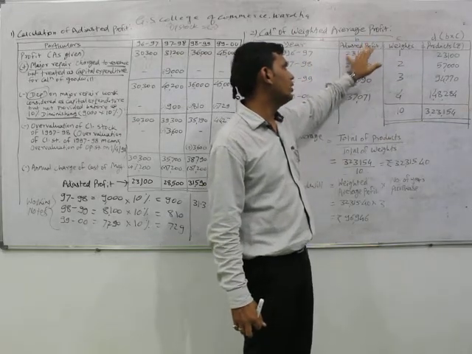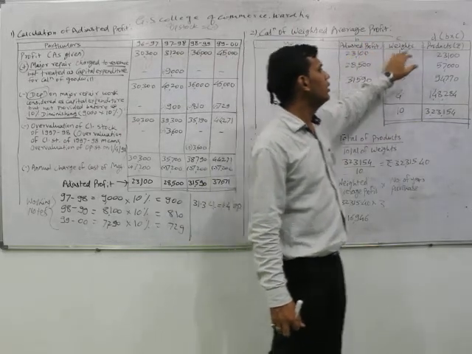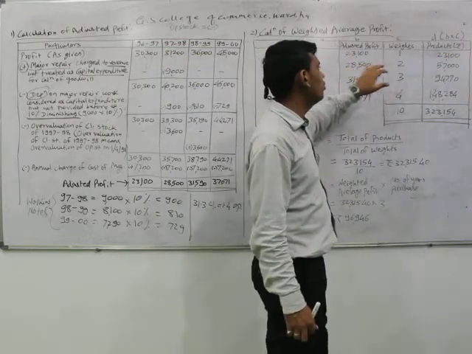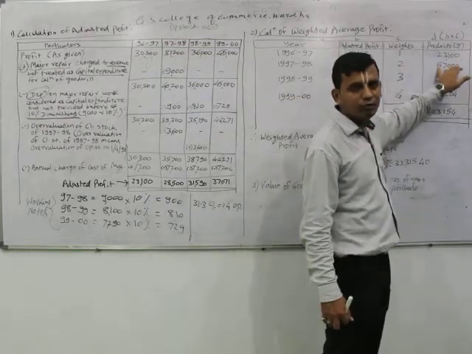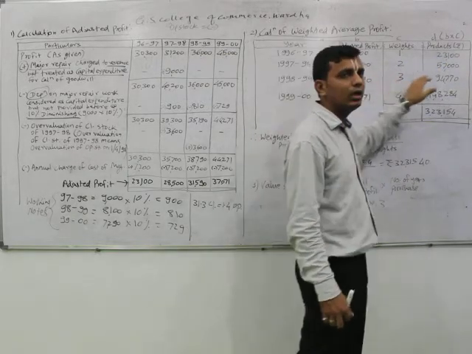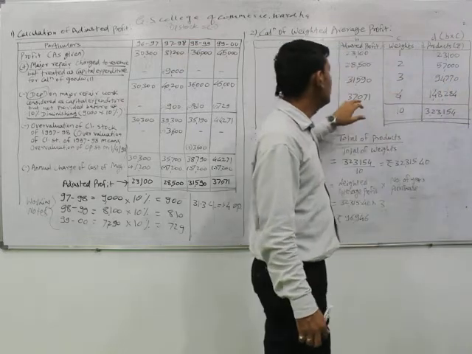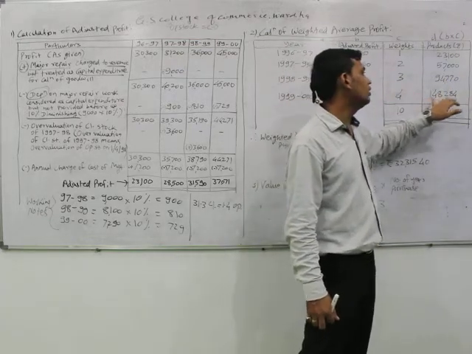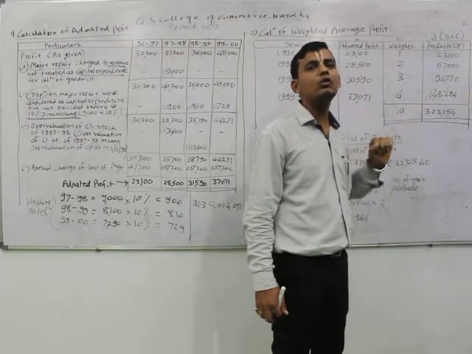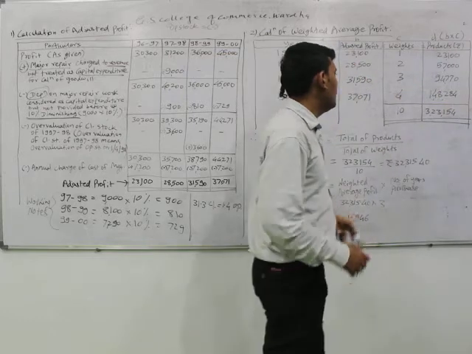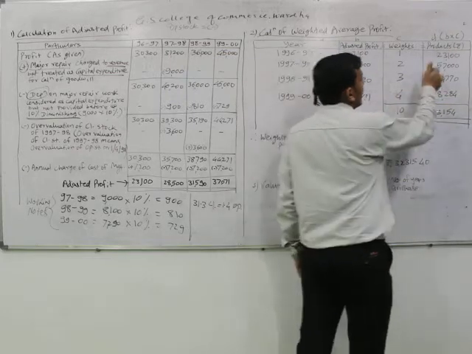First year profit is 23,100 multiplied by 1, 23,100. Second year profit 28,500 into 2, that is 57,000. Third year profit 31,590 into 3, 94,770. Fourth year profit 37,071 into 4 is equal to 1,48,284.